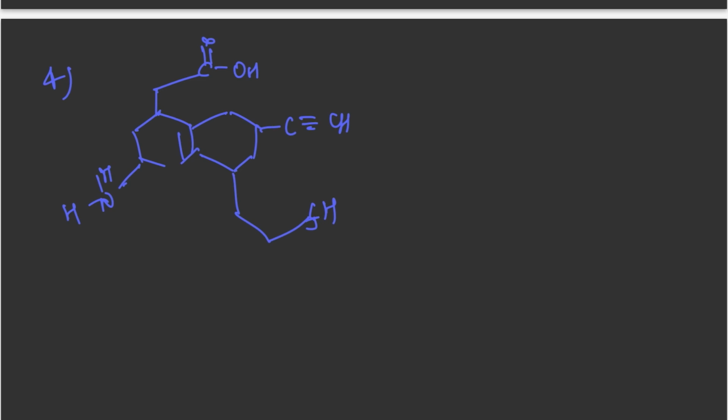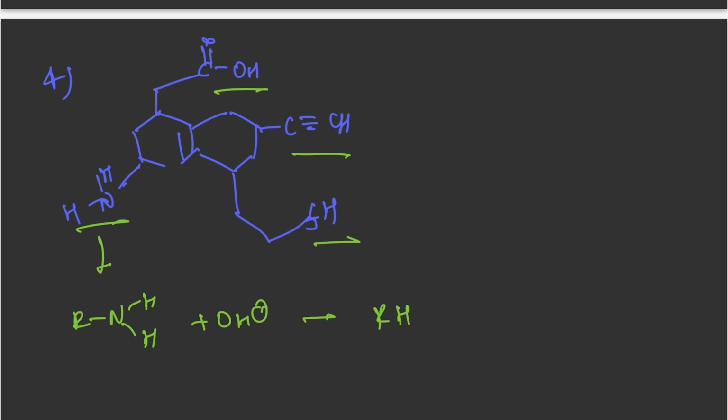And this will react, we need 1 mole, because this is also acidic. We have RNH2. This will react with base to form RNH minus only. Only one H plus can be extracted. Not 2, only one H plus will react. So here we have 5 moles.